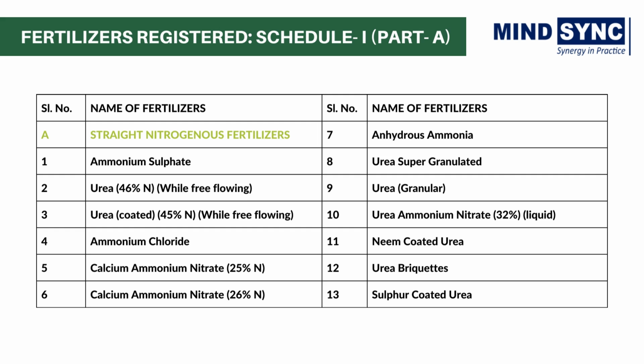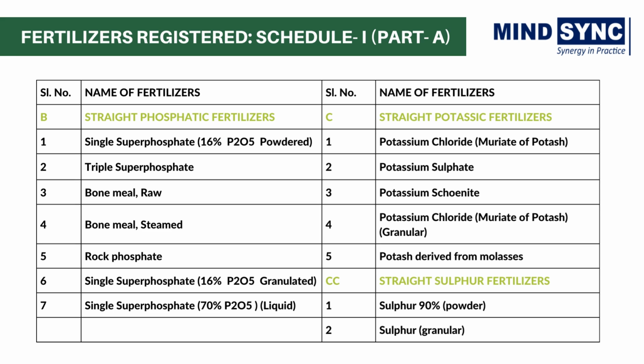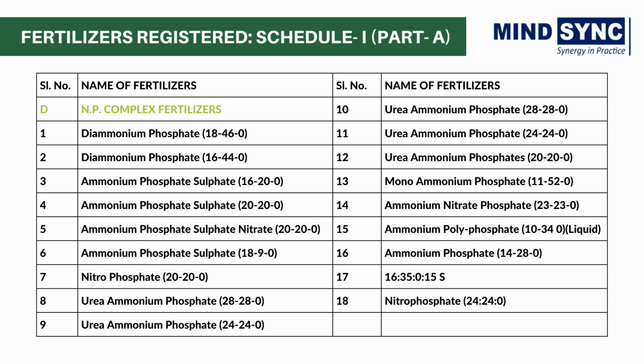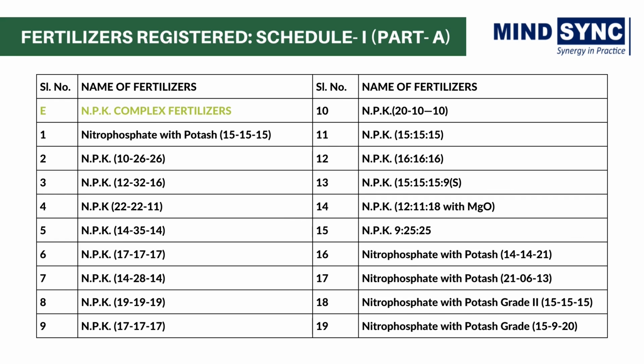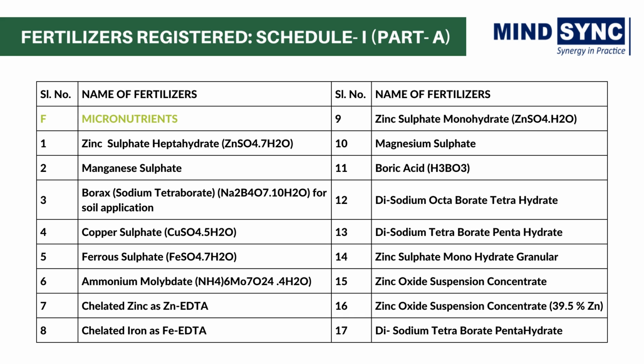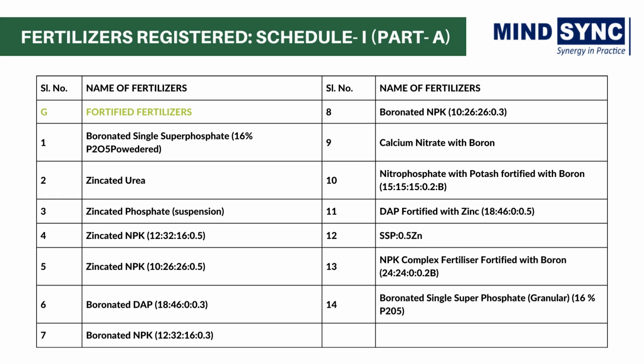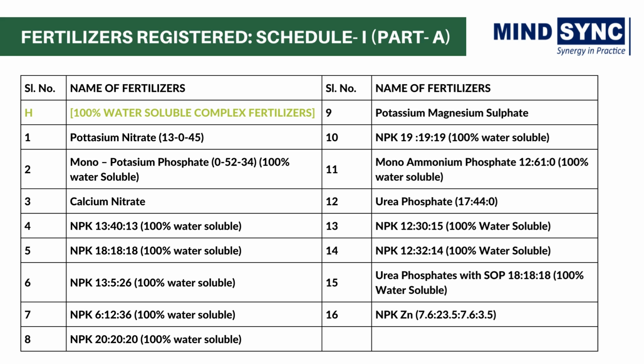Fertilizers listed under Part A of Schedule 1 are mentioned here. Some of them are ammonium sulfate, urea, diammonium phosphate, nitrophosphate with potash, borax, calcium nitrate with boron, and 100% water-soluble complex fertilizer like potassium nitrate.